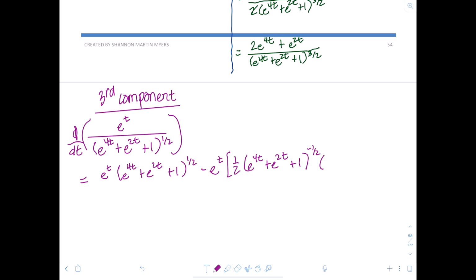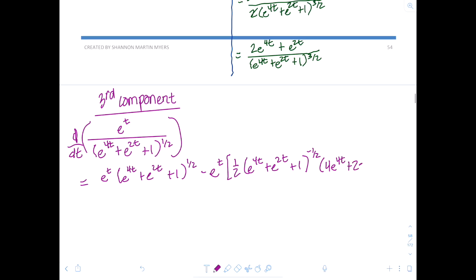And then using the chain rule, we'll get 4e to the 4t plus 2e to the 2t, all over e to the 4t plus e to the 2t plus 1.